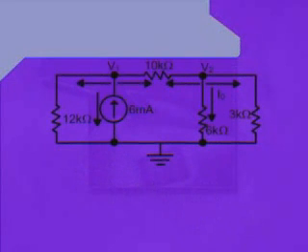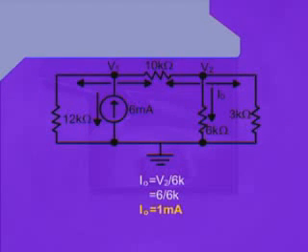Now, the current I naught also needs to be calculated. Therefore, I naught is equal to V2 divided by 6K. That will give us 6 by 6K is equal to 1 milliampere.